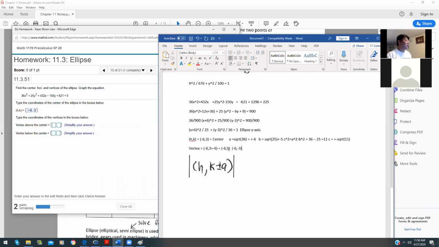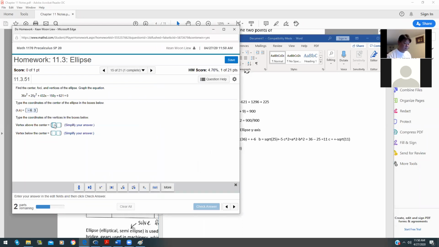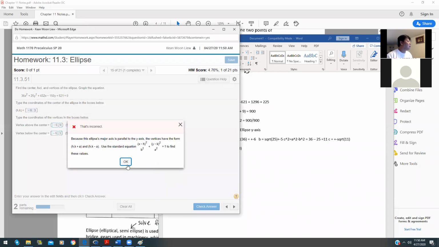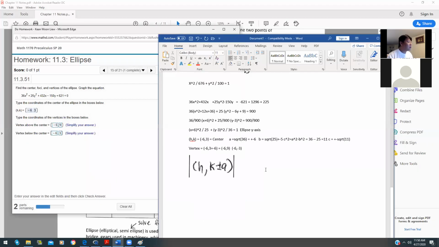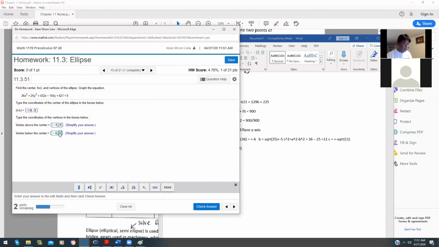Above the center will be the positive one, so it's -6, 9. And the one below the center is -6, -3. So make sure you know which one is above and which one is below. Oh, forget the negative, this was wrong.